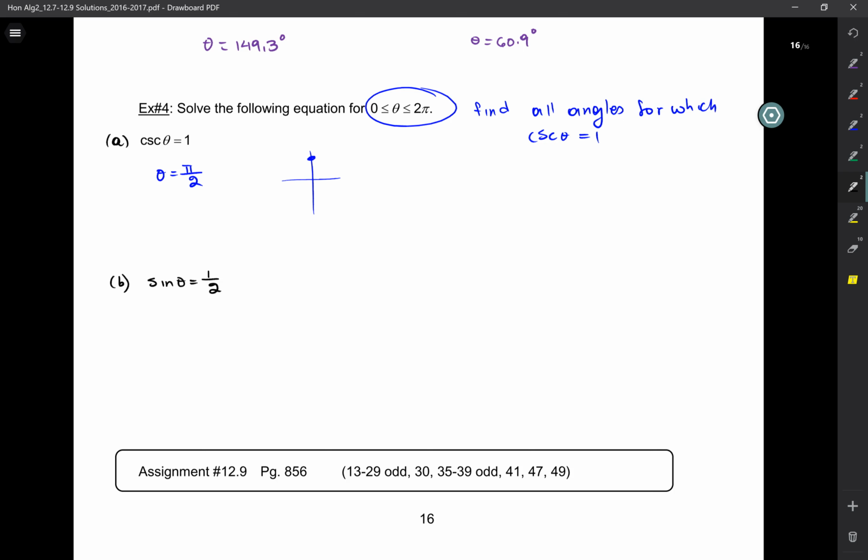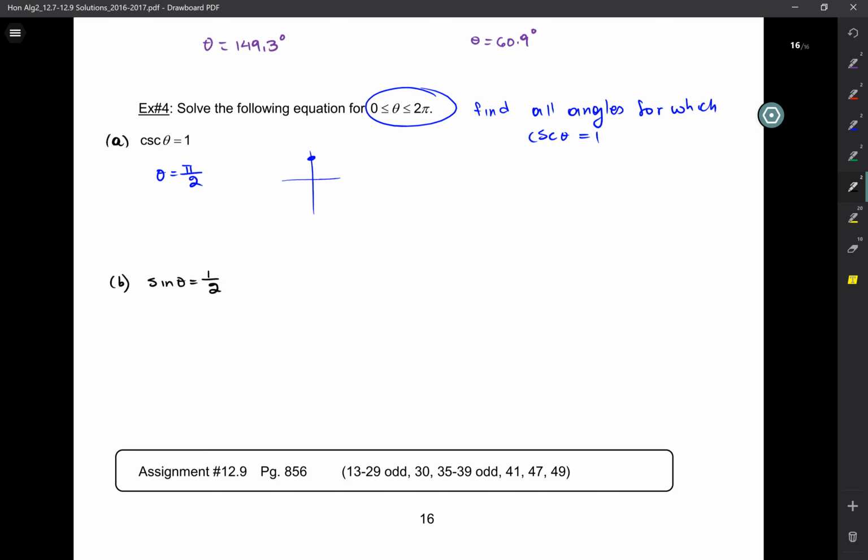She says 30. So look, for the 30, 60, 90 triangles, the sides are 1/2 or root 3 over 2. If the sine is 1/2, that means the angle faces the side of 1/2.